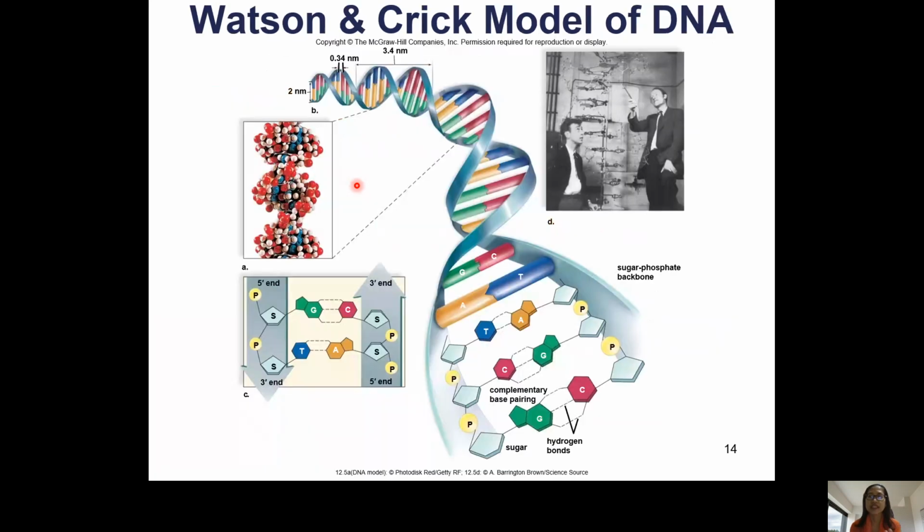As you can see in the picture, here is the model of DNA proposed by Watson and Crick, the model that we still use until now. DNA is a double helix like this, and these are the backbones, the sugar-phosphate backbones: the sugar, the phosphate, the sugar, the phosphate.